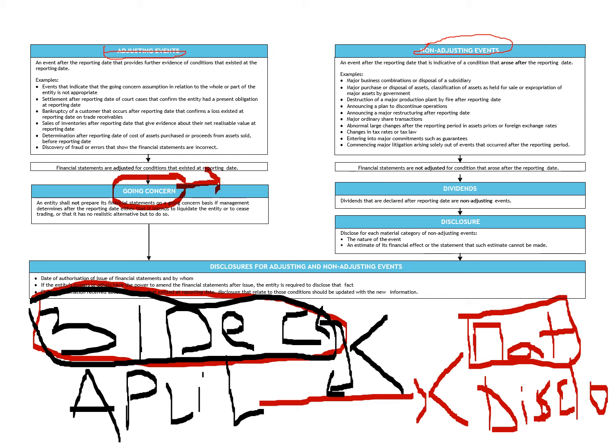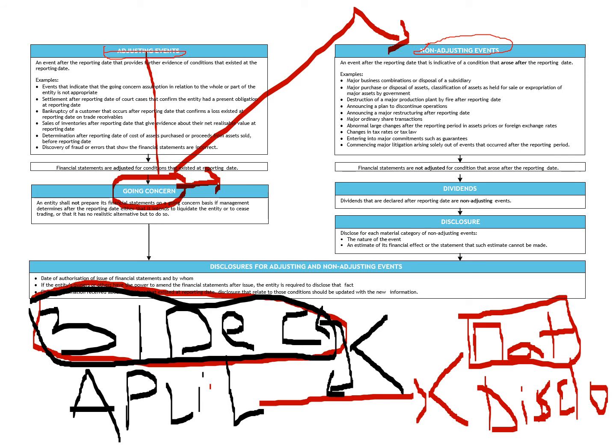So basically, if the company for which I prepare the financial statement assesses between December and April that it is not capable to continue as a going concern for any event, whether it is an adjusting or a non-adjusting event, I should go back and prepare my financial statement on a non-going concern basis as of 31 December 2019. So the going concern is an exception.